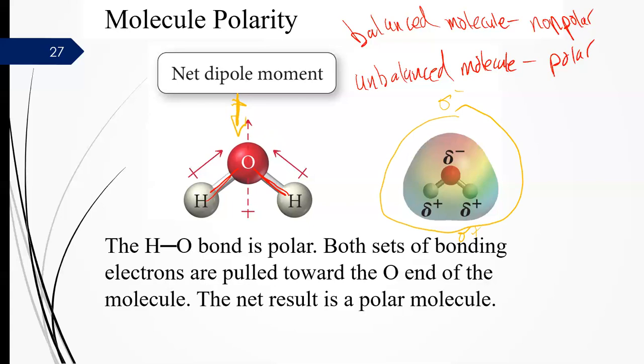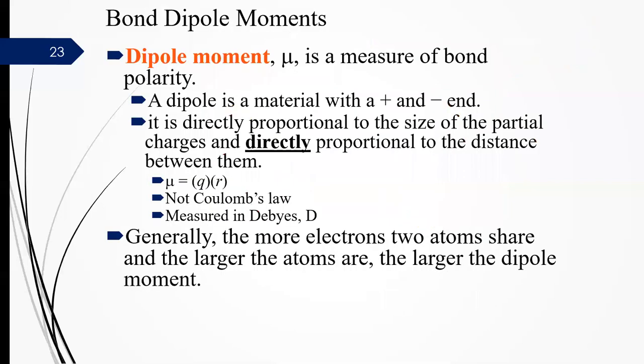So to help visualize these things, when you work with molecule polarity, you want to draw these arrows here. Now, these arrows are what we call dipole moments. And so it's a measure of the bond's polarity. So a dipole gets its name because it has two poles. It's got a positive pole and a negative pole. And this is directly proportional to the size of the partial charges and the distance between them.